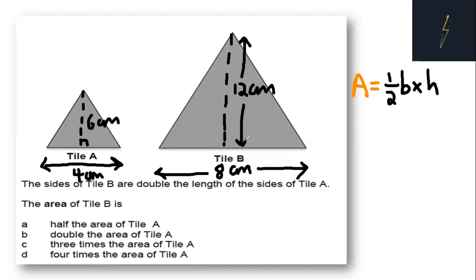So what we're going to do is find the area for tile A and then find the area for tile B and then compare them. Because if you look at the responses, they basically want you to compare tile A and tile B. So for tile A, it's a half the base, and the base in tile A is what?